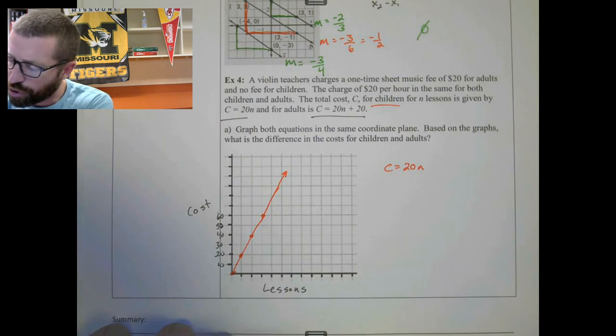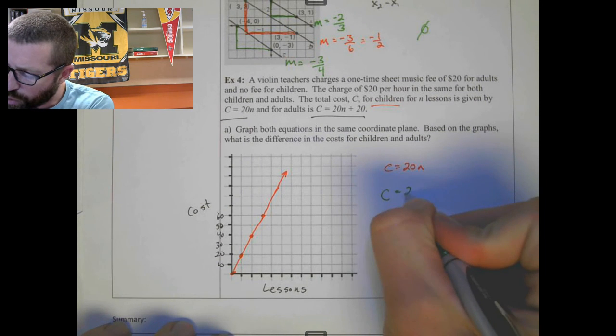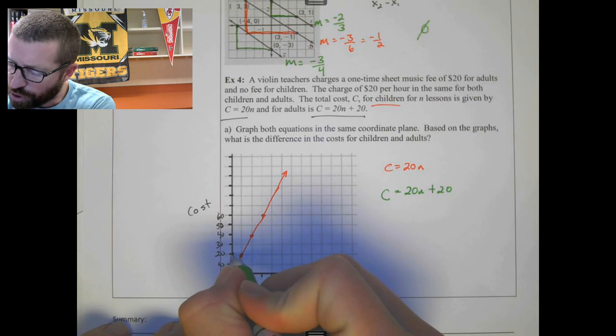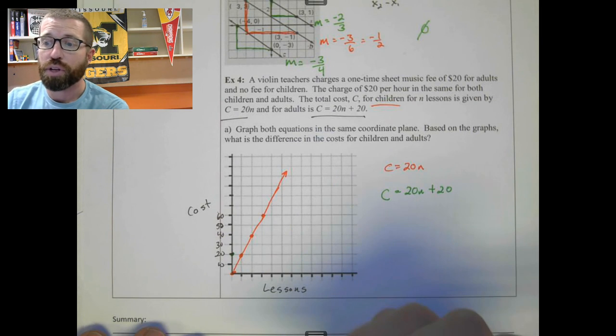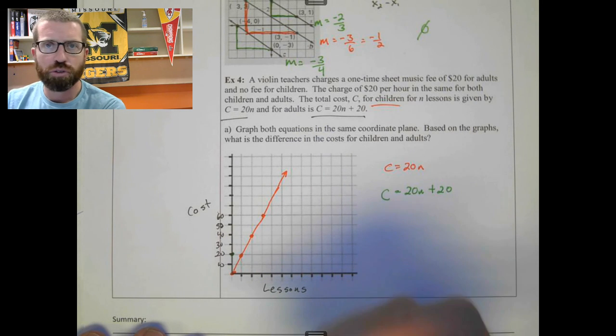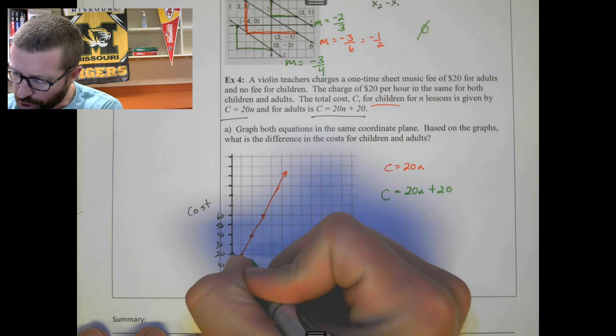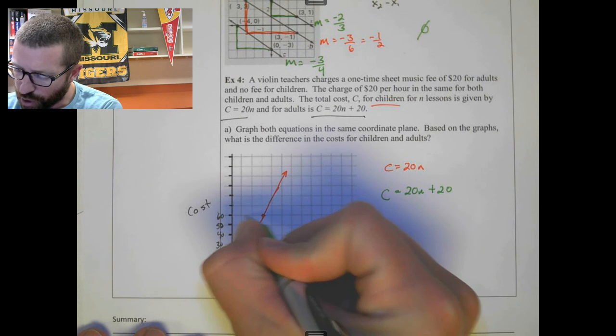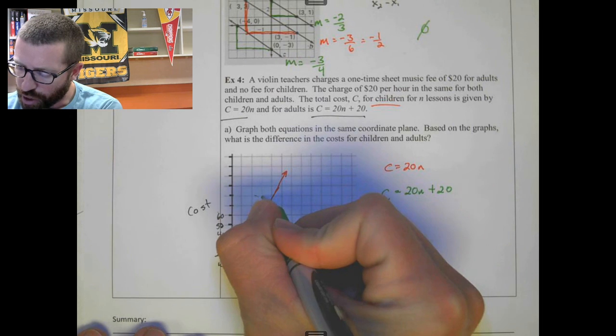For the adults, we'll use a different color. C is 20N plus 20. So the y-intercept is 20 now. But then after that fee, there's no additional increase or difference. For one lesson, we're going to go up 20. If I pay another lesson, it's another 20. Another lesson, another 20.